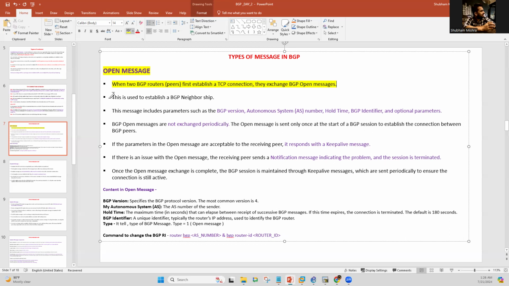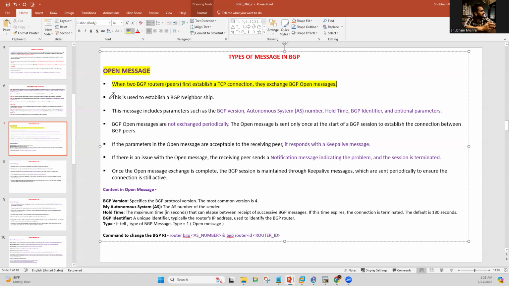The second thing, guys, in case of OSPF or EIGRP, what is the use of the hello message? There are mainly two uses of the hello message. First, to exchange the neighborship parameters. Yes or no? Yes. The second one is, if you remember, I told you in case of OSPF or EIGRP, hello messages are exchanged after every certain period of time, for example, 10 seconds.